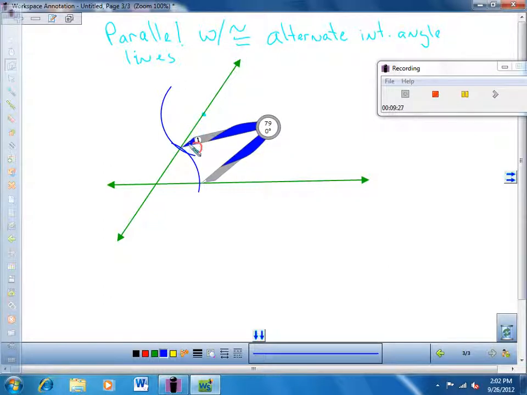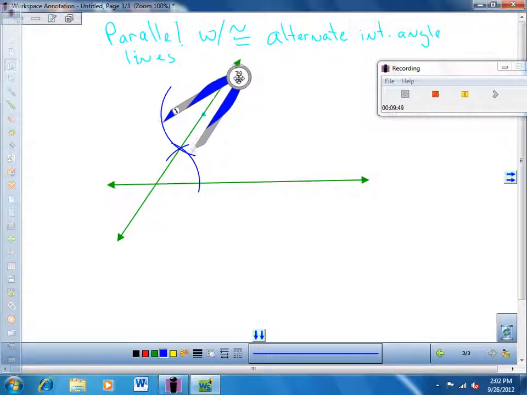And mine's getting kind of cluttered. It's easy. And then you pick up this width, right? These two arcs don't need to overlap like mine do. Okay? And then I'm going to take that same width. My compass is now at 79 degrees.